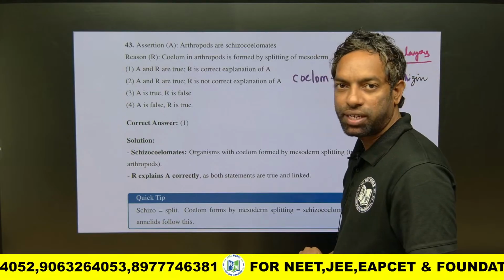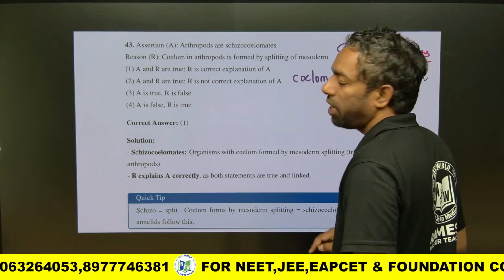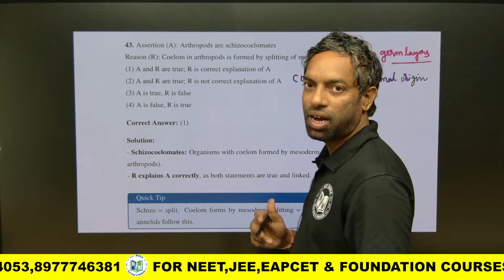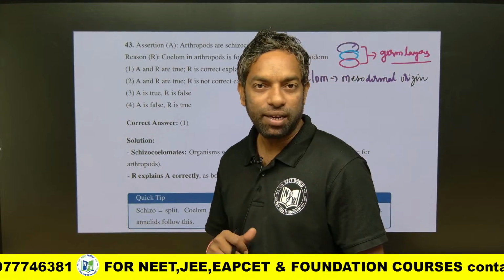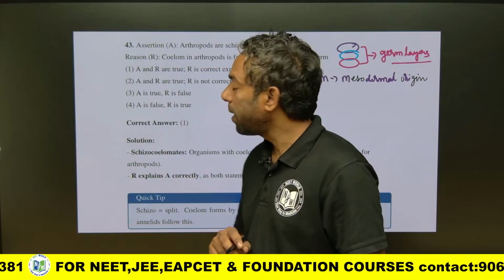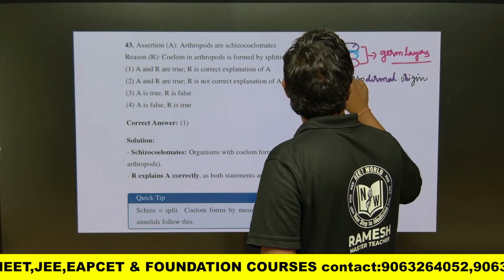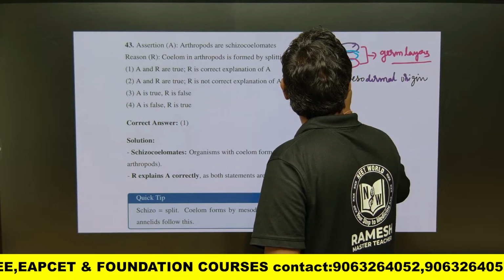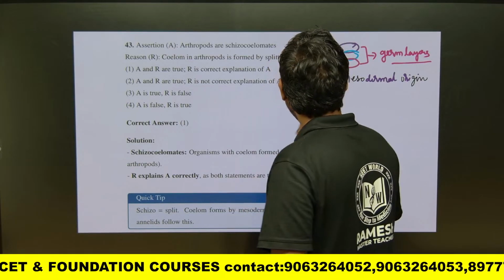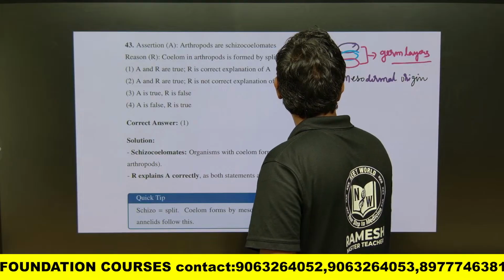In the embryonic stage, these are the germ layers or stem cells which produce all our organs and tissues in the body. Mesoderm is the germ layer which creates the coelom. Coelom means body cavity.